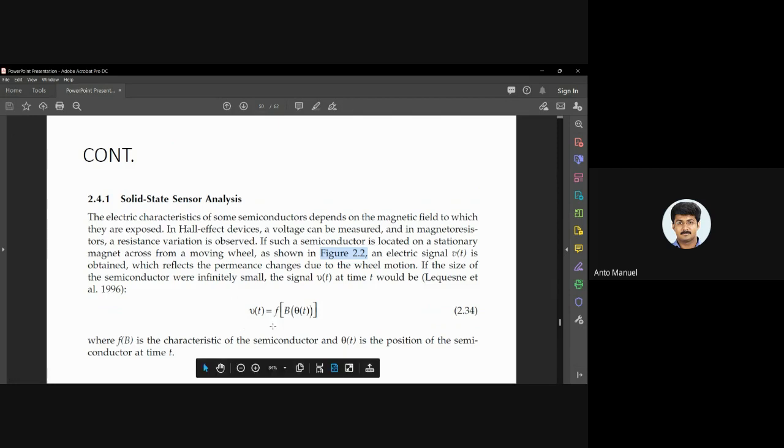the function of f of B into theta of t. Here f of B is a function of the characteristics of the semiconductor, and it depends on what kind of material we are using, since that may change with the material property. And theta is the position of the semiconductor at time t.